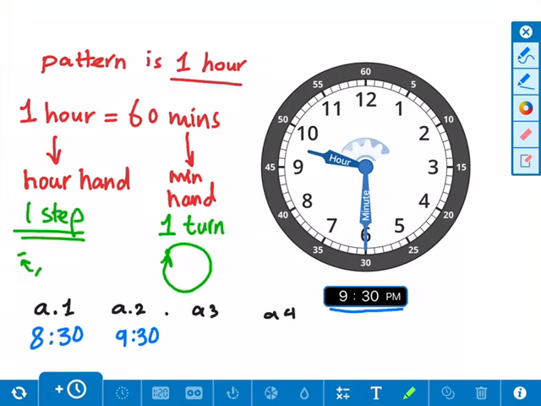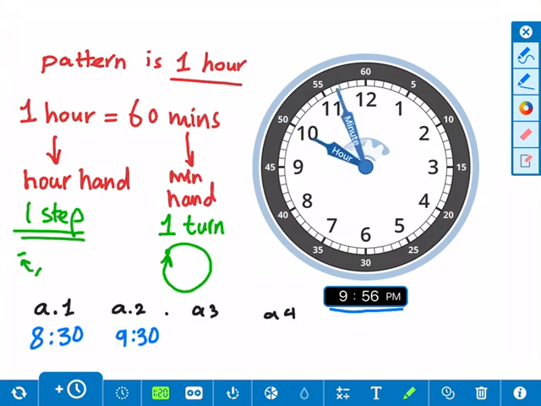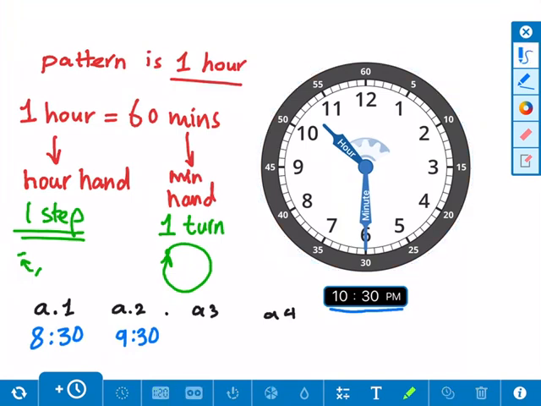Now, if we move another 1 hour. Now, if you want, we can move the hour hand instead of the minute hand. Can you see? So 10:30.